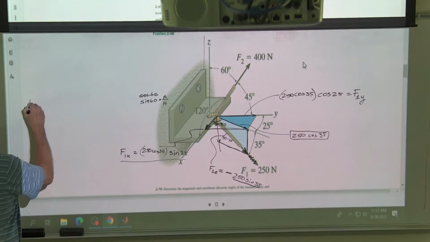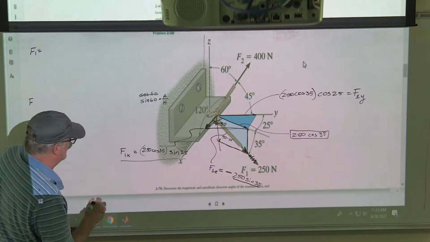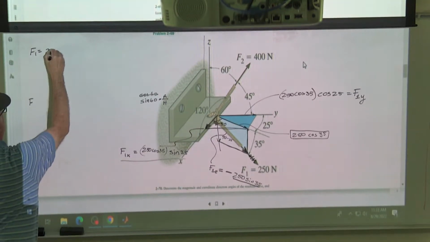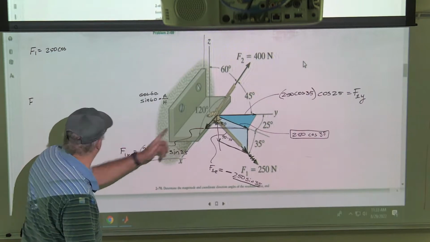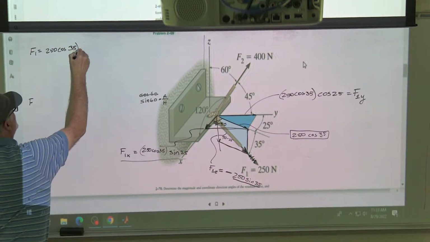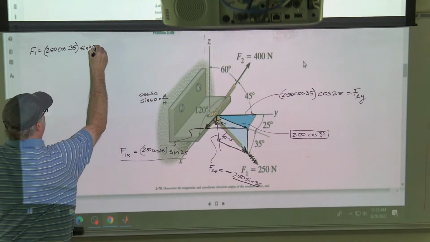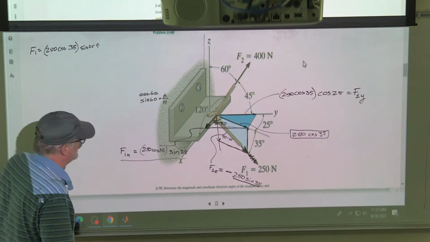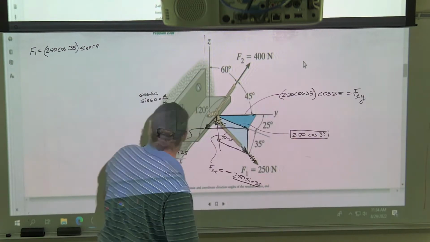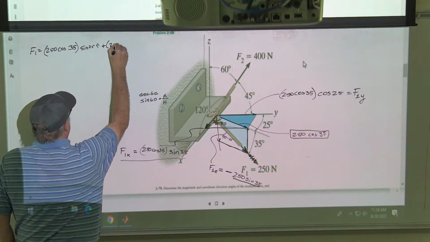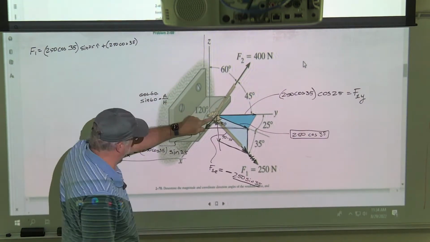So I get now F1. Here, write it up here, because I don't know if I'm going to have a lot of space. Take that one: 250 cosine of 55? No, that's 35. Sorry. 35. That's the projected onto the plane. And then the sine of 25, and that's my I. And then I have my Y or my J going out here, and it's the 250 cosine of 35 as well, because it's that same vector that was projected in the plane.